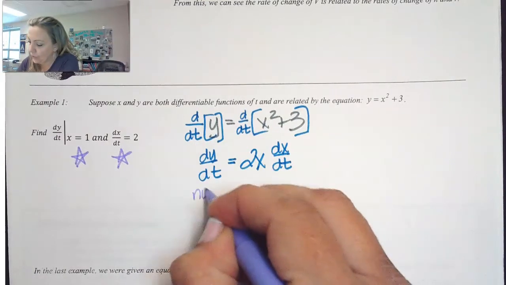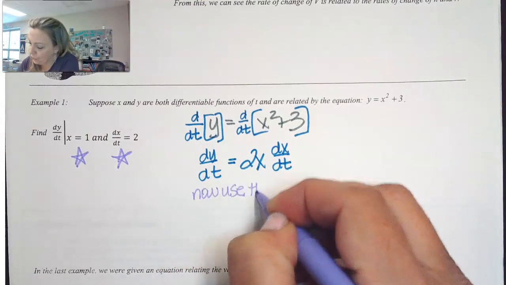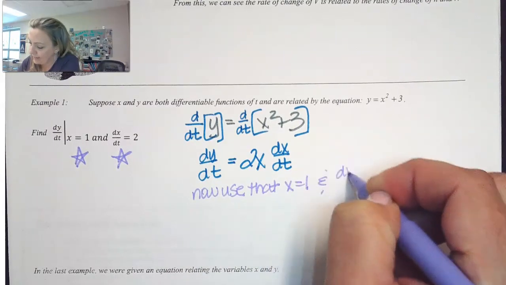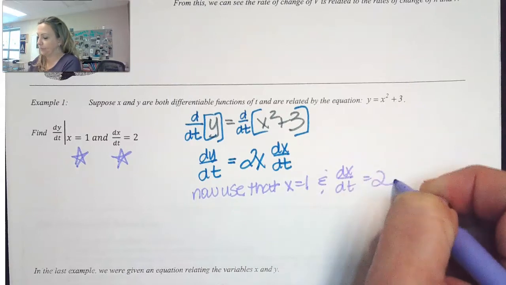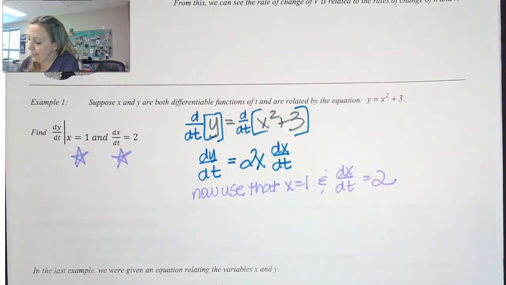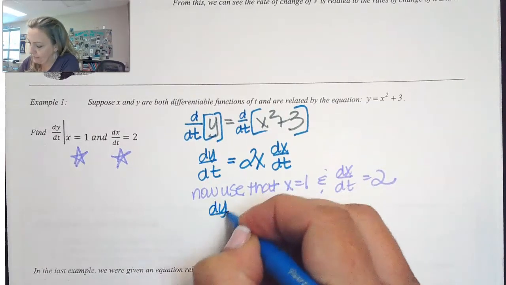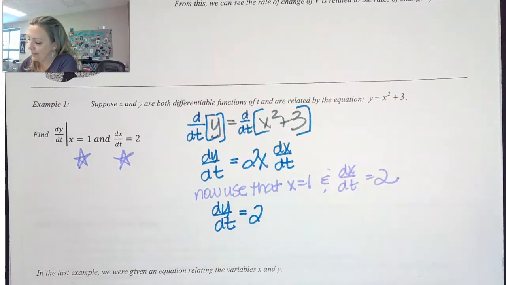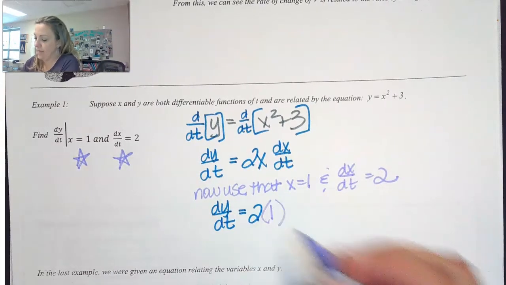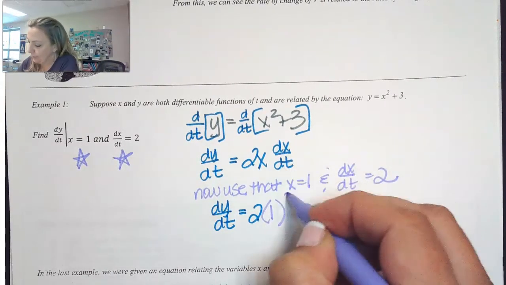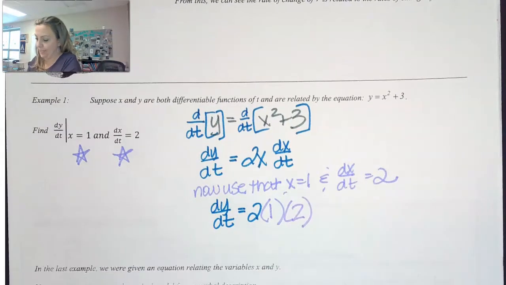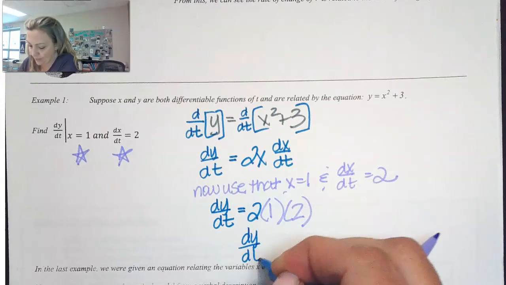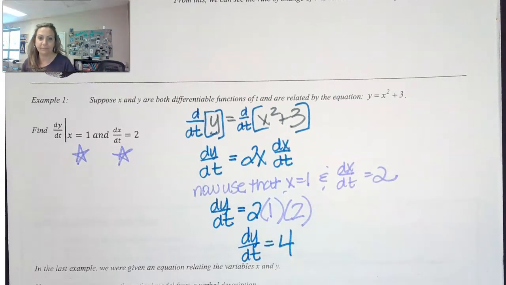So now we're going to use that information. That means that dy/dt is going to be 2, and then in for x, we can put 1, and in for dx/dt, we can put 2. And we can see that, therefore, dy/dt is going to be 4.